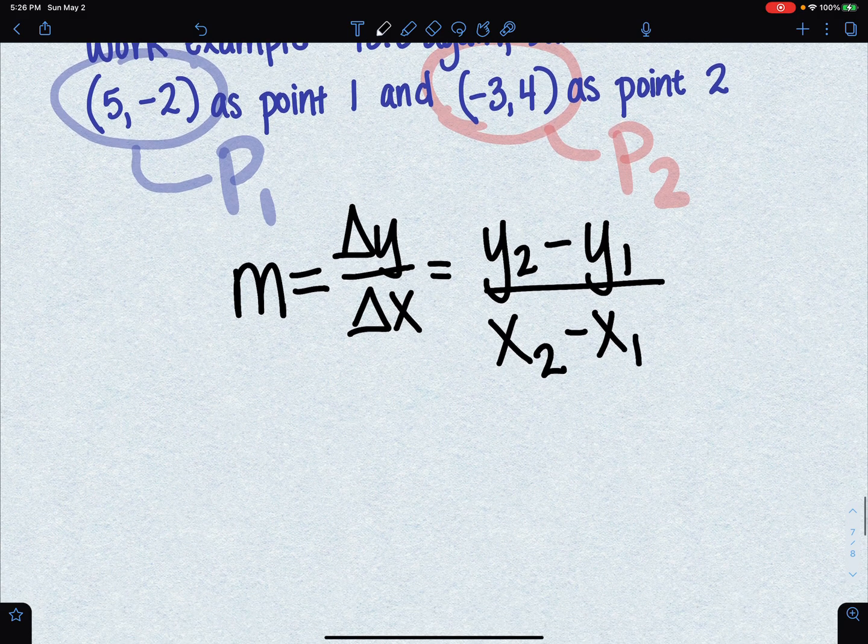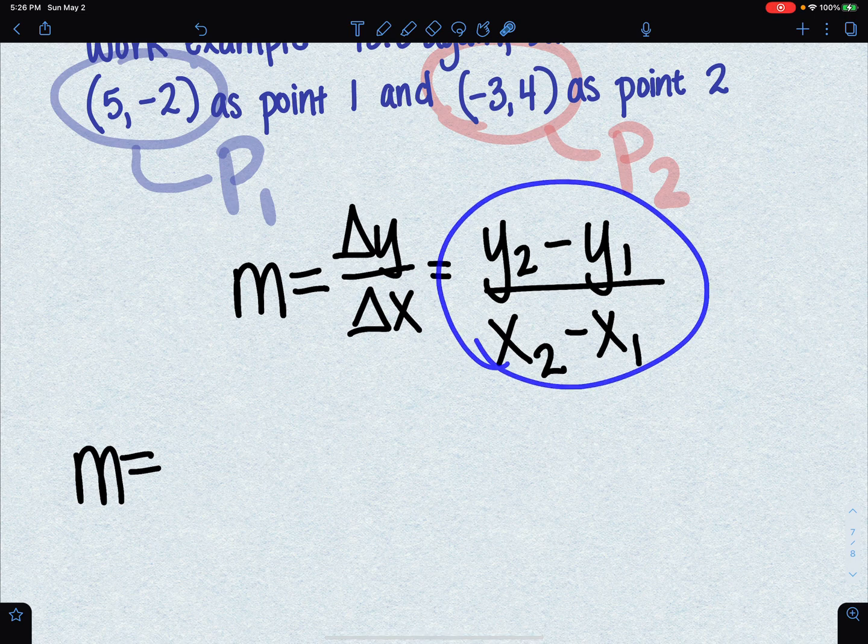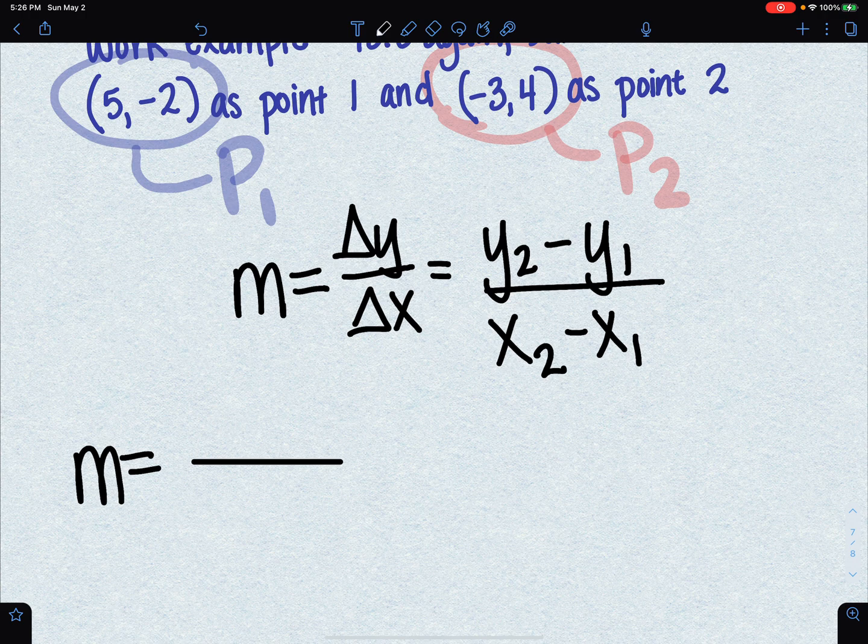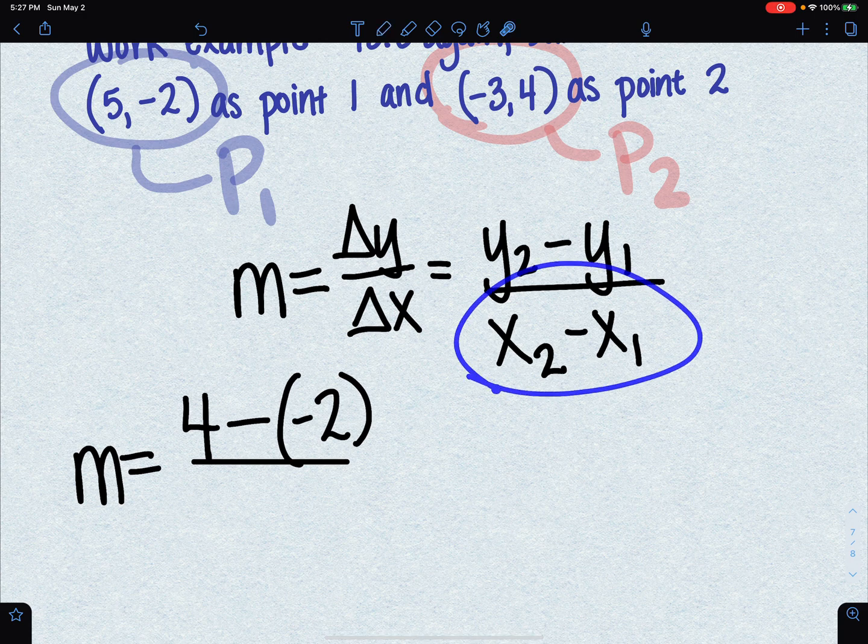All right? So m is equal to, I'm going to start plugging into this equation. On the top, we have y2 minus y1. So now this one is going to be y2, because that's P2, 4 minus y1, which is a -2. 4 minus -2. And then on the bottom, we have x2 minus x1.